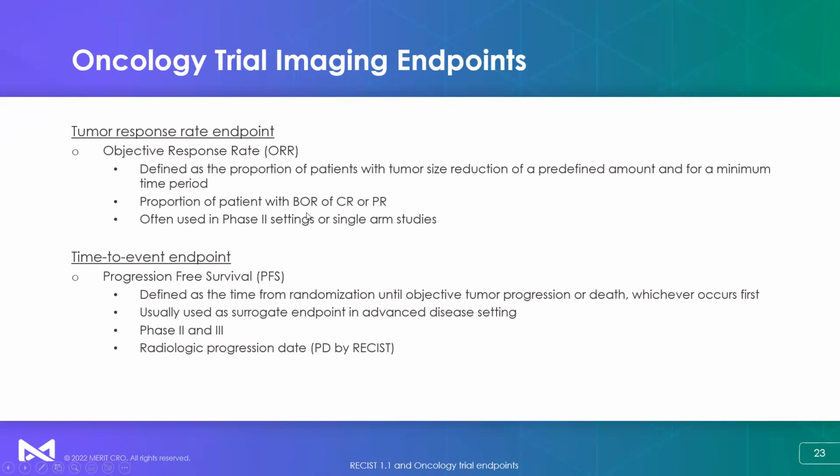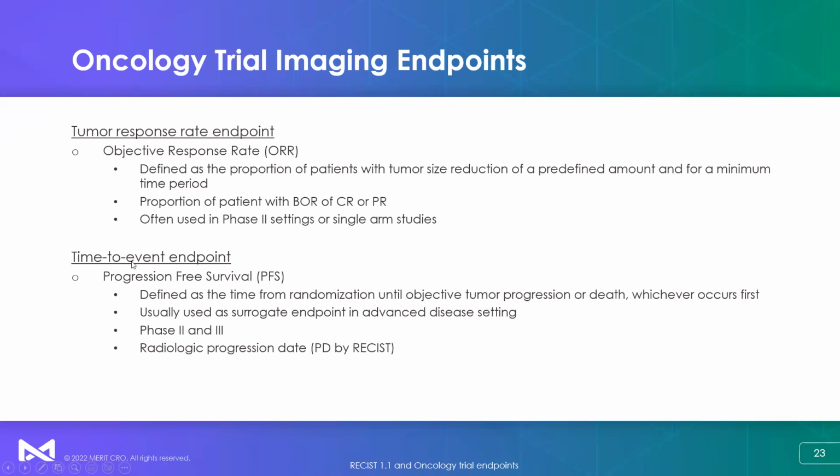So all the information that's being collected through the RECIST 1.1 imaging read would translate into responses, and deriving a proper BOR would end up as an accurate derivation of our imaging endpoint of the ORR in this case.